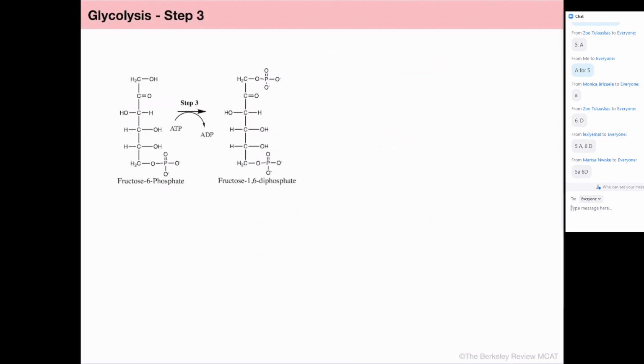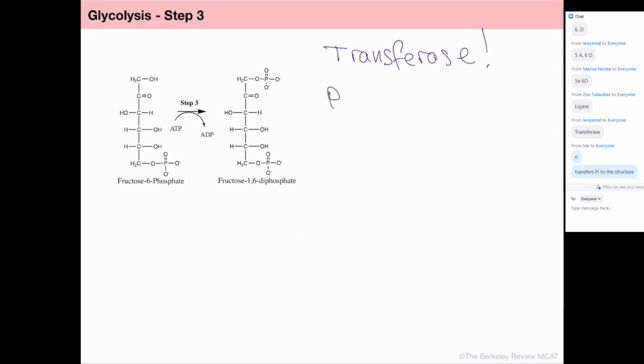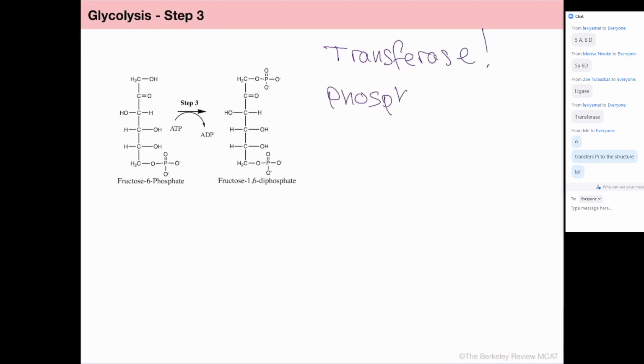Okay, let's talk about step 3. Does anybody know what enzyme class this is? Almost. Ligase, you're thinking ATP. Good. It's a transferase. And the name is phosphofructokinase.